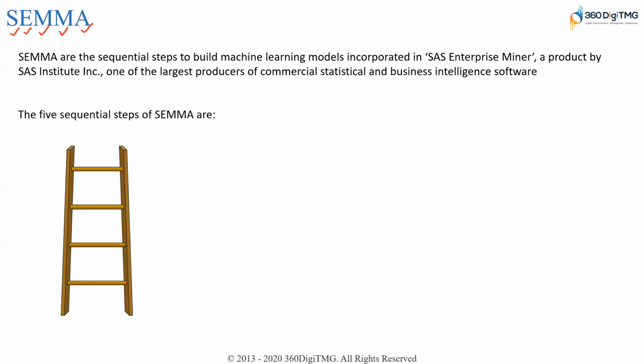There are 5 steps. 1, sample. What do you mean by that? You select a subset of data, of the right volume of data, from a large data set. Why am I saying right volume? When I say subset of data, it does not mean you'll just pick up 100 rows or 200 rows.